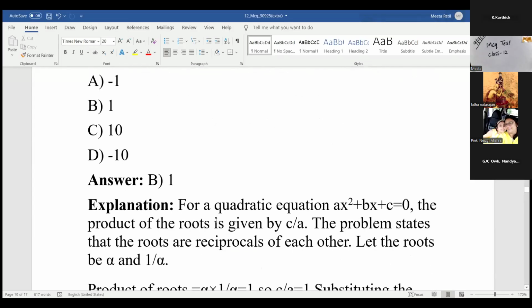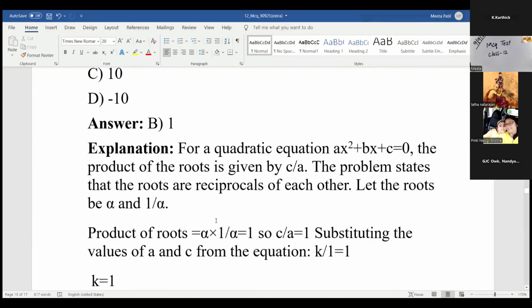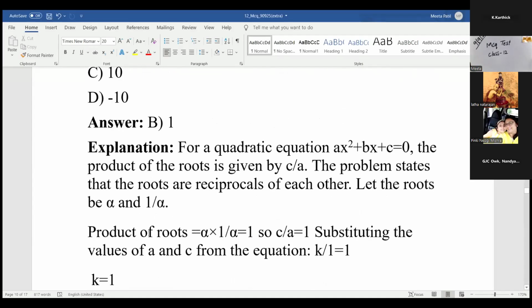In this equation they mention the roots are reciprocal, so we consider those as alpha and 1 by alpha. Their product of roots is alpha into 1 by alpha, where alpha cancels. You are getting 1 as the answer. So the product of the roots we consider as c by a, which is equal to 1. If you substitute the a and c values in the equation, you are going to get k is equal to 1 over there.